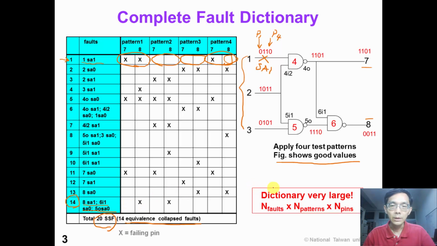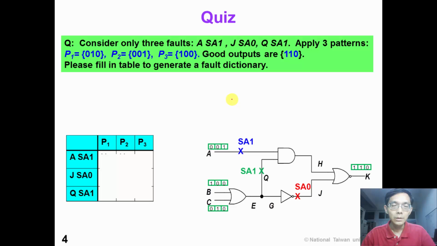As you can see, this is a very large dictionary, where the dictionary size can be proportional to the number of faults by the number of failing patterns by the number of failing pins. So this is a very large amount of information.